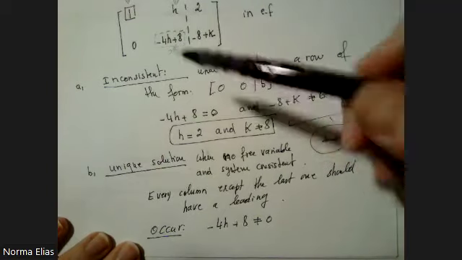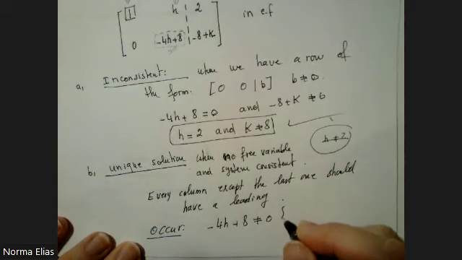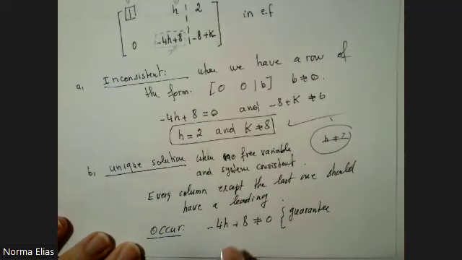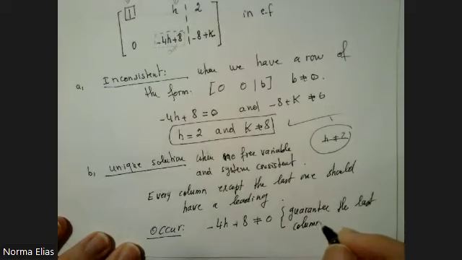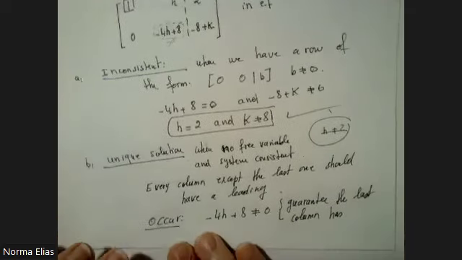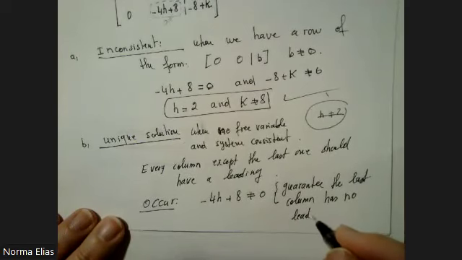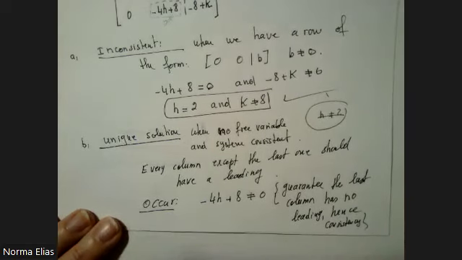So in this case, this column has a leading, this column has a leading, and this condition guarantees that the last column has no leading. It means it guarantees the consistency. Hence, consistency. I will read again what I said and I will explain it so you understand the picture fully.